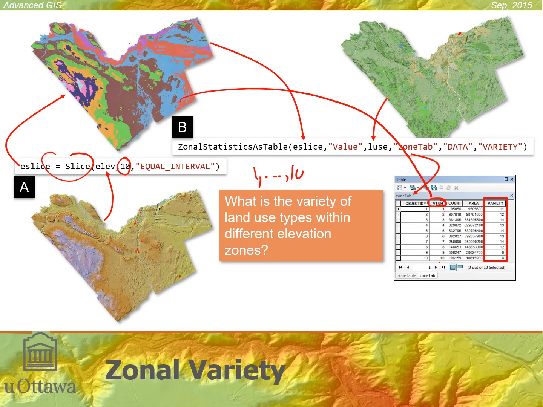So 1 is the lowest elevation, and then I can see the variety over here. At the lowest elevation, I have 11 land cover or land use types. At the highest elevation, I have 8.